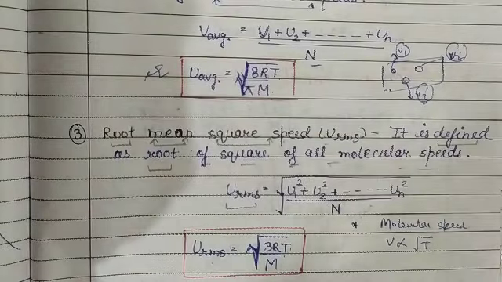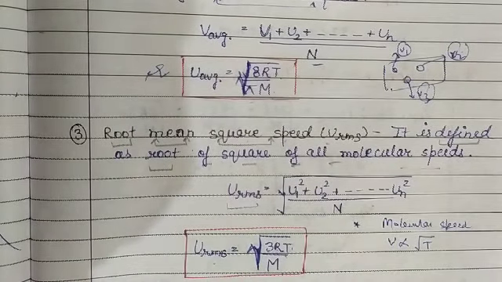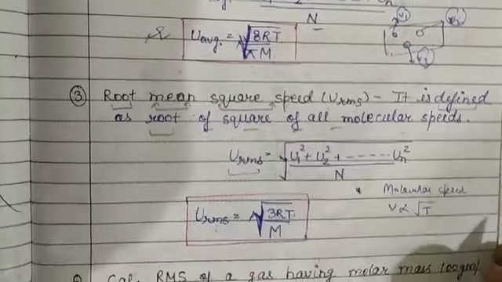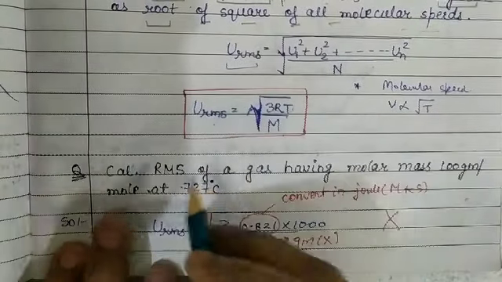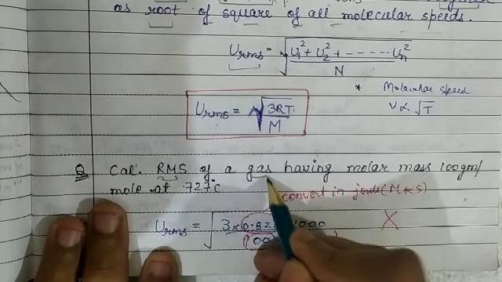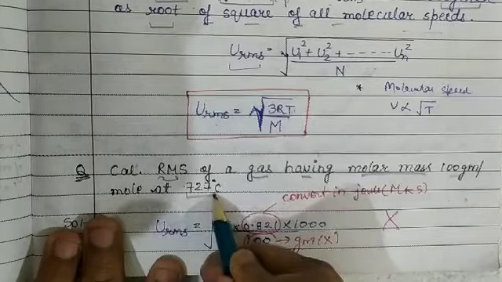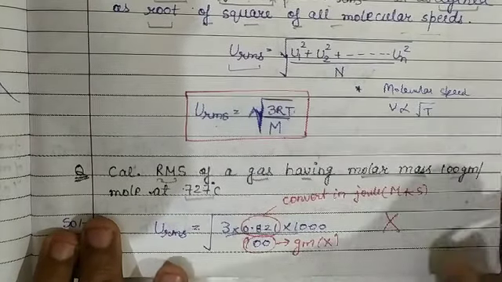Now we are going to do questions on this. The first question is: calculate the root mean square speed of a gas having molar mass 100 gram per mole at 727 degrees Celsius.